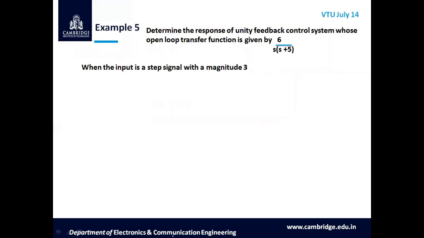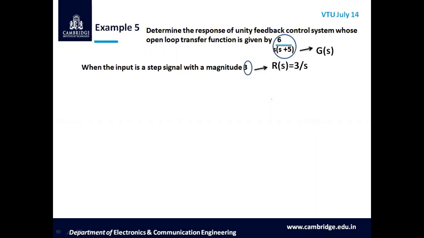Determine the response of a unity feedback control system whose open loop transfer function is given by 6 divided by s into s plus 5, when the input is a step signal with a magnitude 3. So you are given the open loop transfer function G of s is equal to 6 by s into s plus 5, and the input is a step signal with magnitude 3.